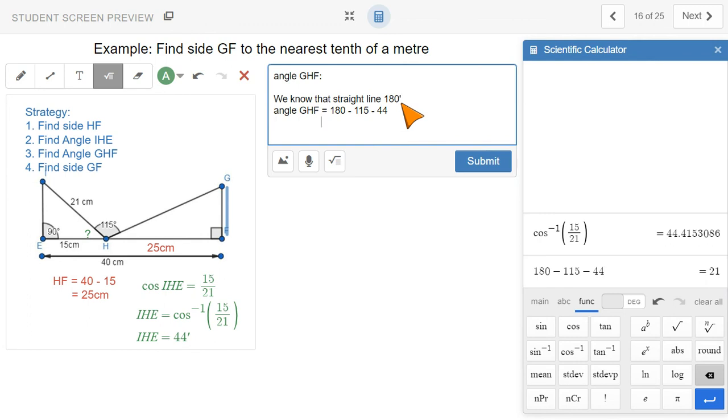Okay, we have angle GHF is equal to 21 degrees.